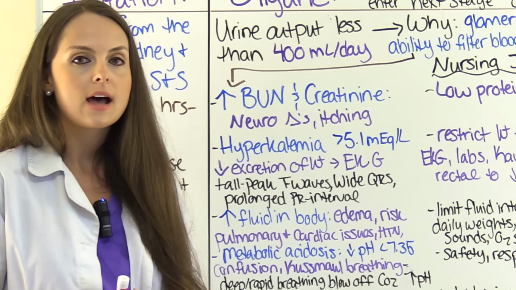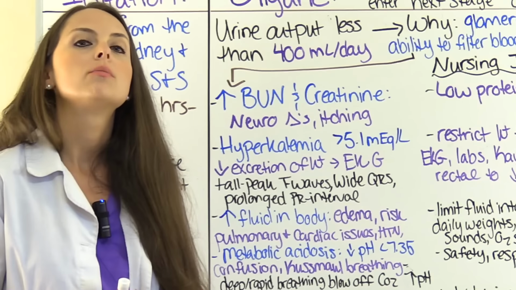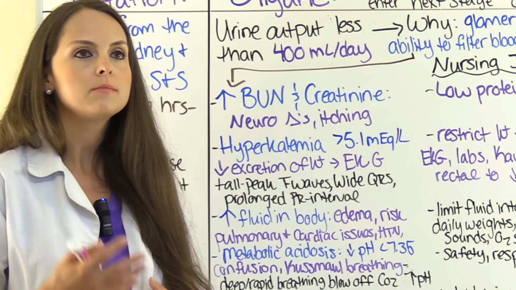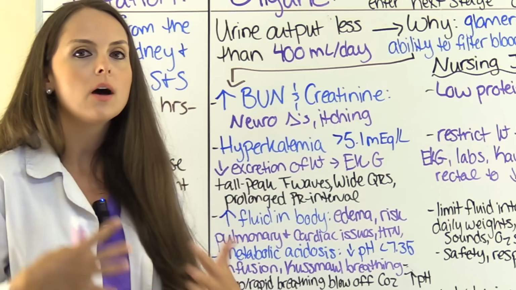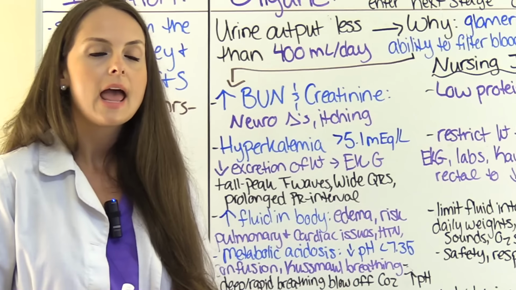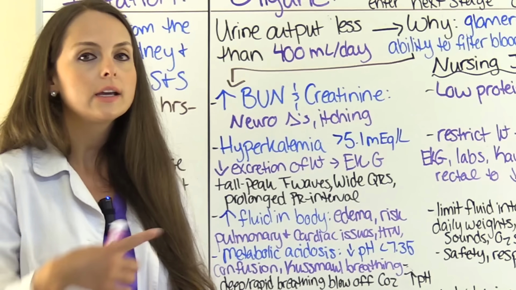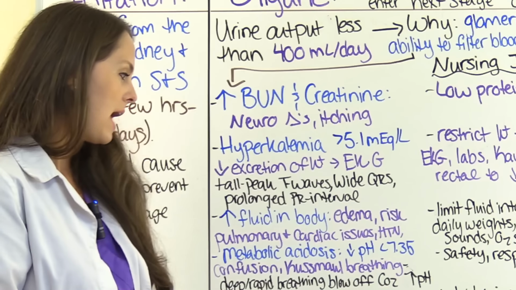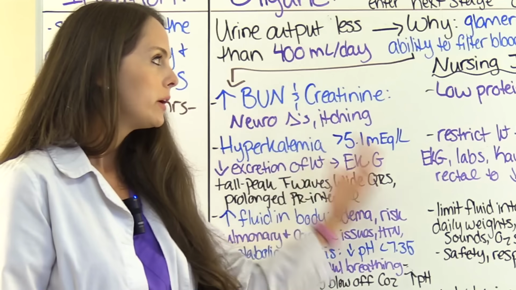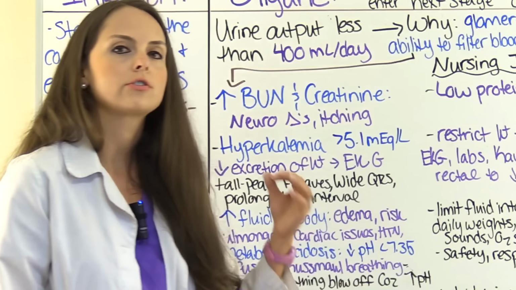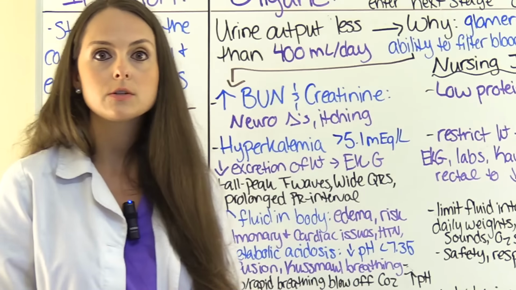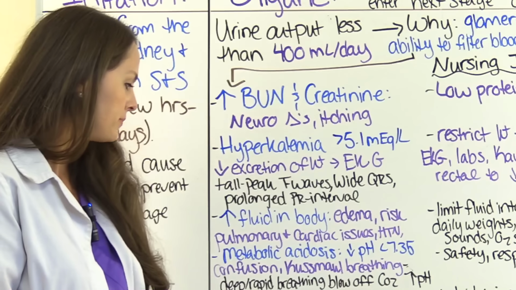So carbon dioxide is an acid, so your body is causing them to breathe deeply and rapidly to blow off that carbon dioxide out of the system, hoping to increase the blood pH. So you may see that. So what you want to do nursing intervention wise is monitor their safety because of confusion and their respiratory status as well.